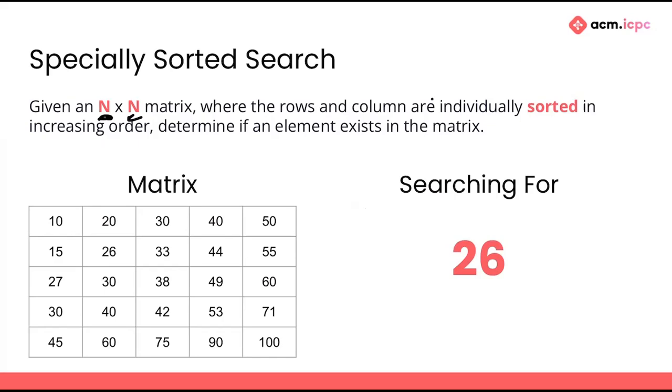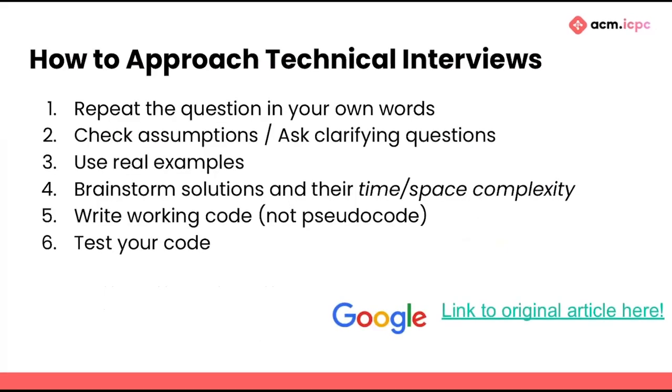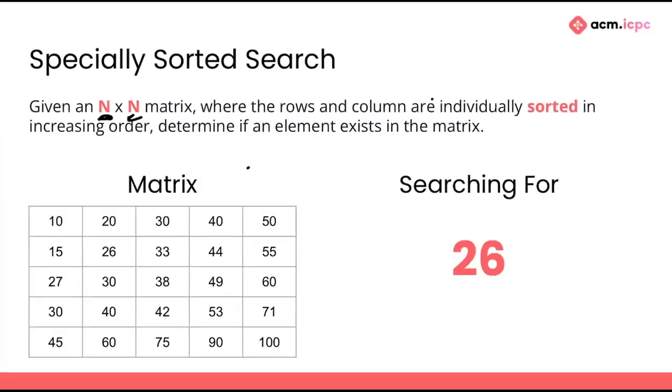Find an element. But what if that element doesn't exist? So that's another question we might want to ask: do we need to handle the case where the element doesn't exist? Because that can change the algorithm as well. For any searching algorithm, knowing whether it exists or not is important. So that's just an example of some assumptions and clarifying questions that we want to check.